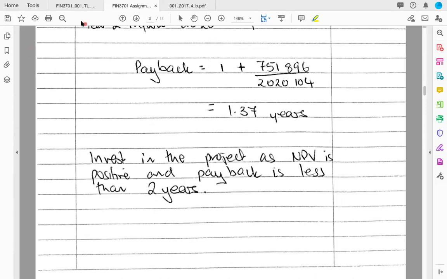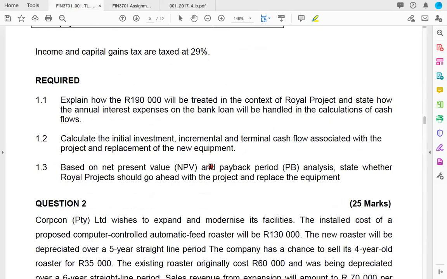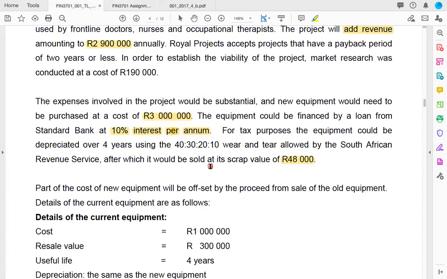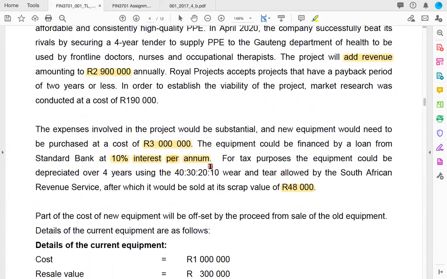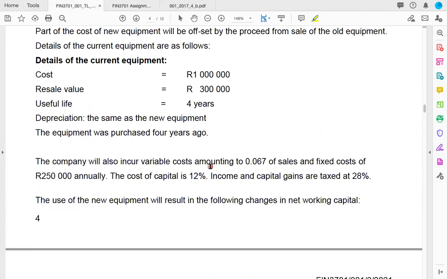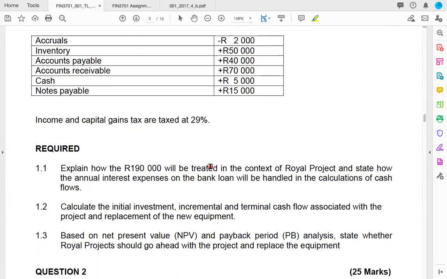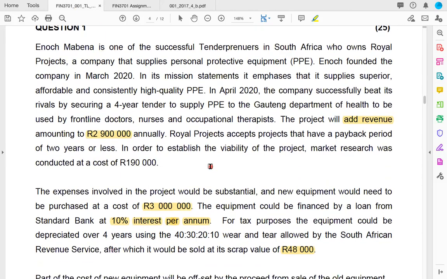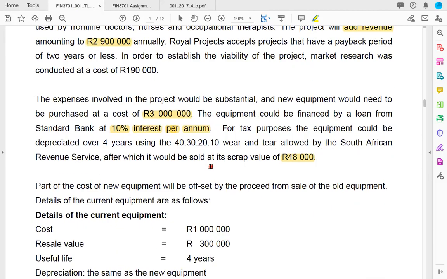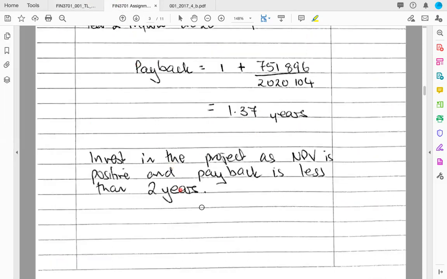So in this question, we were told that the company will only accept projects if they have a payback of less than 2 years, right? Let me just double check the information given.